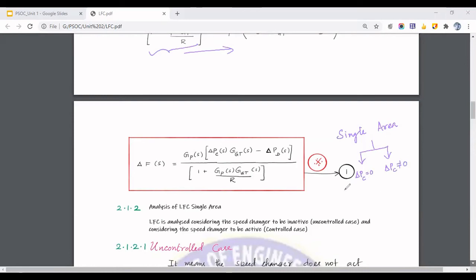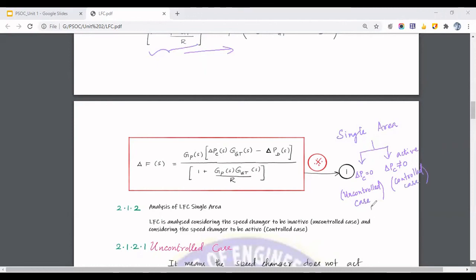Delta Pc equal to 0 is called the uncontrolled case because we don't have the speed changer into action. The speed changer is not controlling, so I call it the uncontrolled case. And delta Pc not equal to 0 is when my speed changer is active, which I call the controlled case.